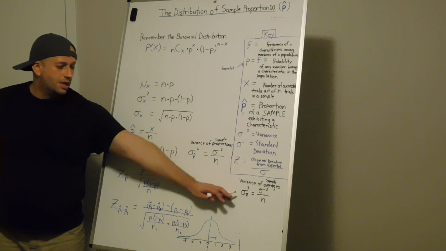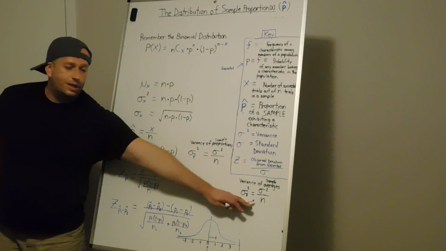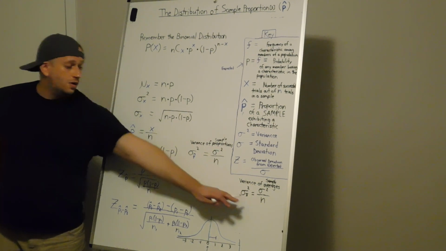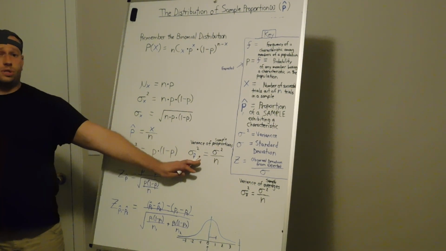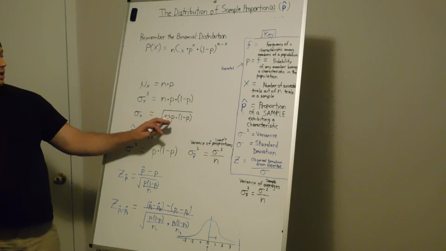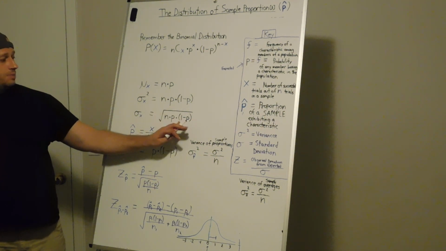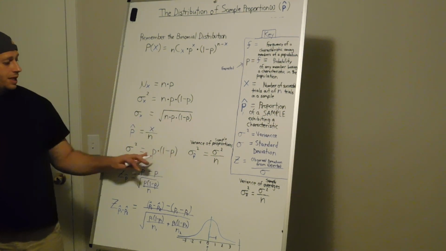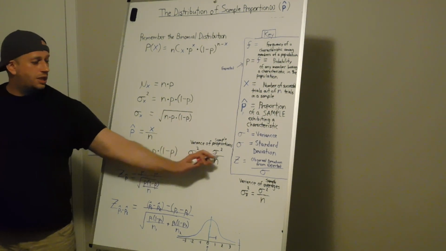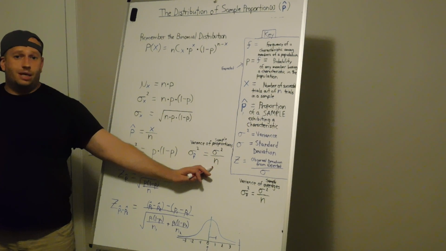I don't want to be confusing. So in the same way that we did that to find the variance of a mean, we can also do the same thing with the proportion. It's kind of the same concept, but we're dividing by the actual number we already had first. So we already had n here, we divided, now we have p times 1 minus p, which is right here, and then we're dividing by n.